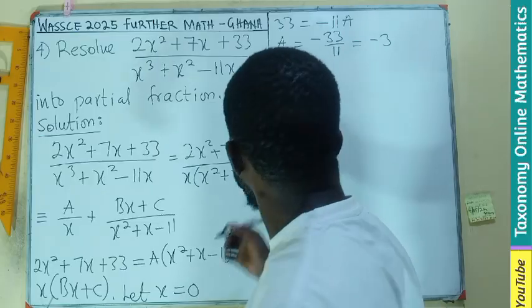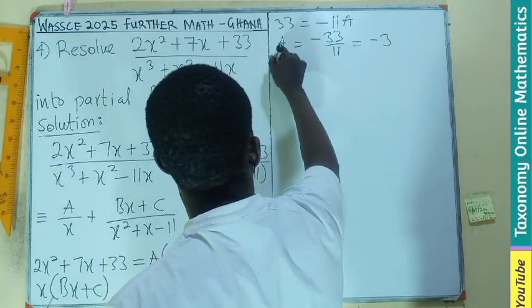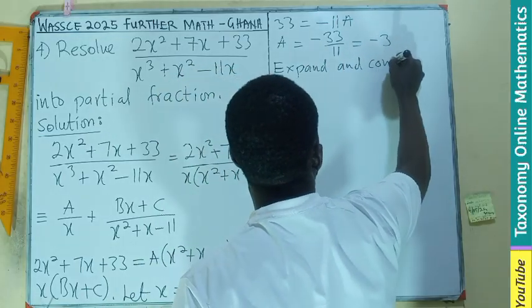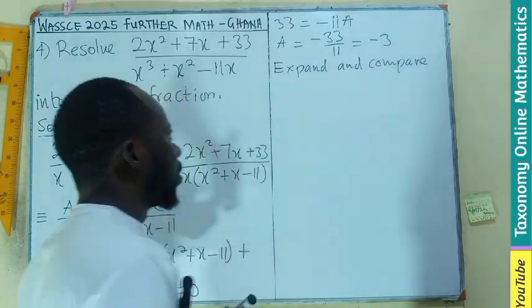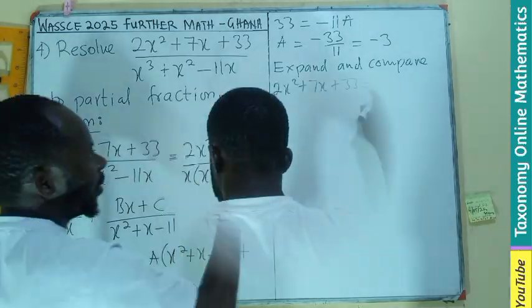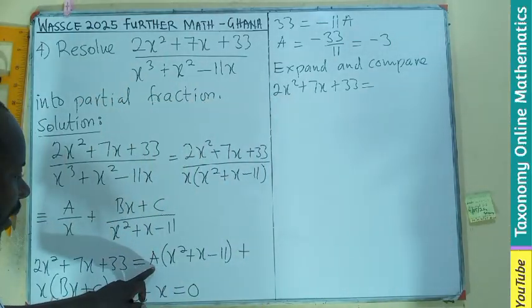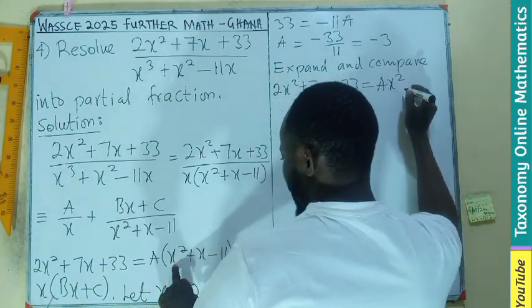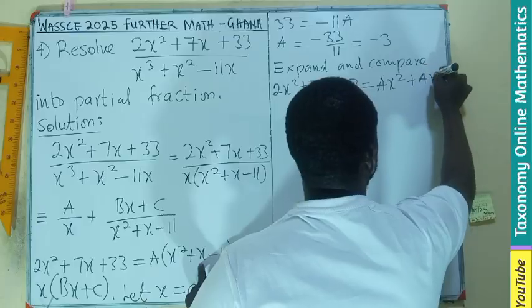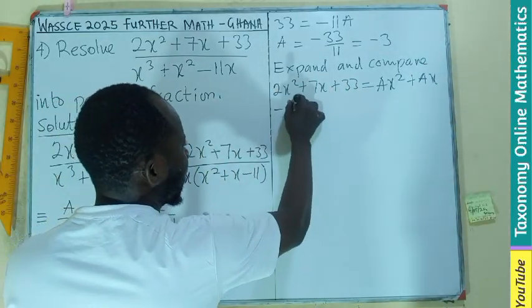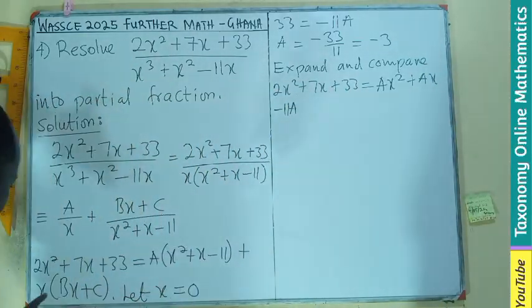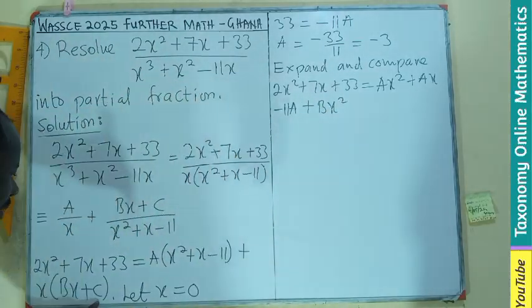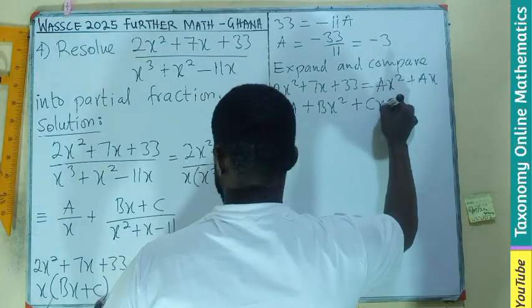If I pick the right side, expand and compare the corresponding terms, I still have Ax² + Ax − 11A, and x times this gives Bx², then plus Cx.